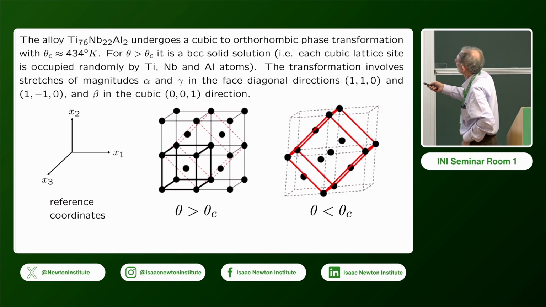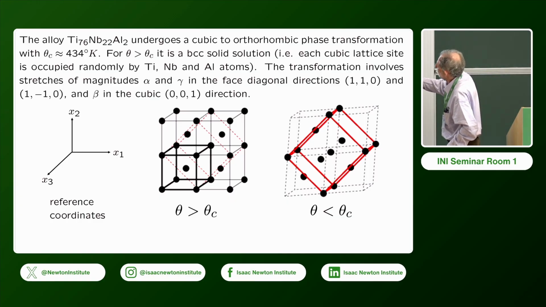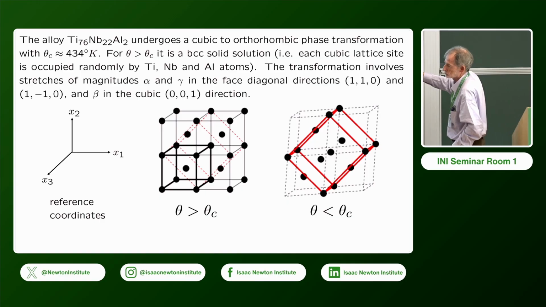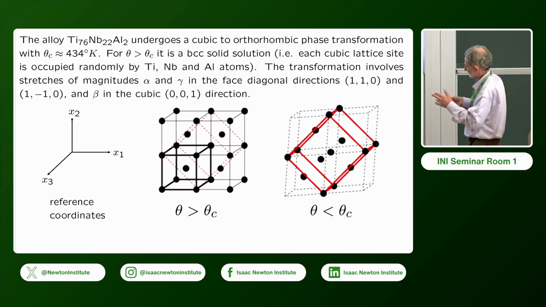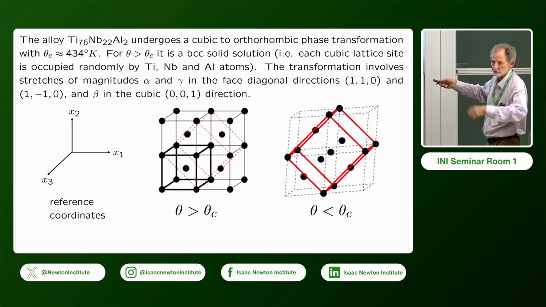Then this dotted object becomes this orthorhombic one for theta less than theta critical. We could have chosen any one of these three axes because we have cubic symmetry, so you get 6 possibilities: 3 choices for the axis in which to stretch by beta, and then you can swap the other 2 directions.